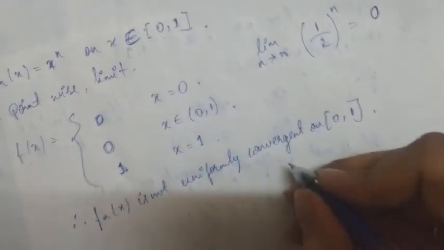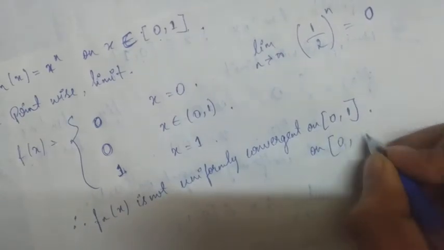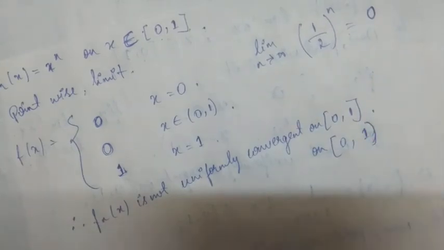If this were on the interval [0, 1) instead, then it could be uniformly convergent for this given sequence.